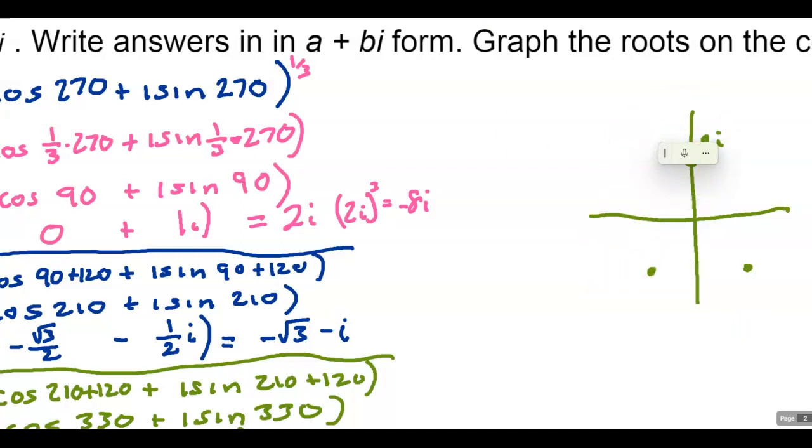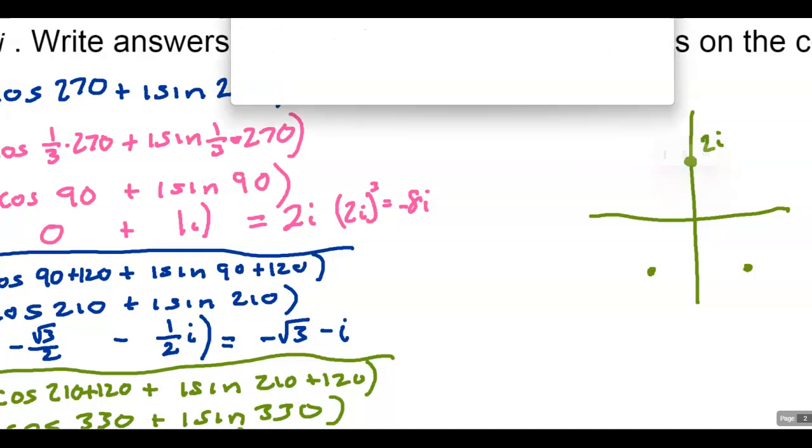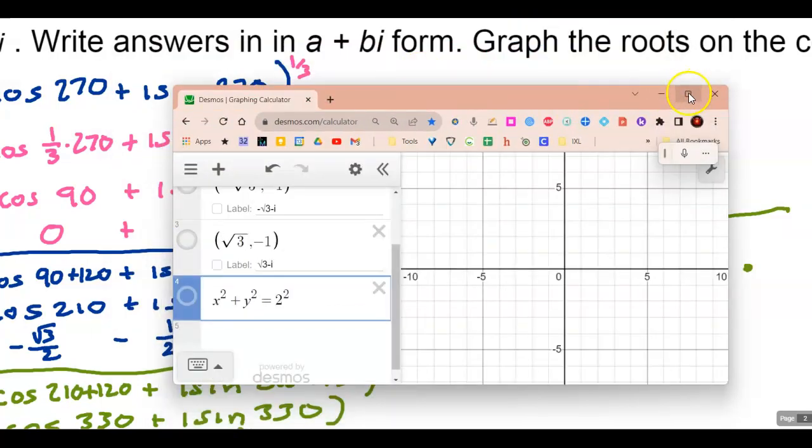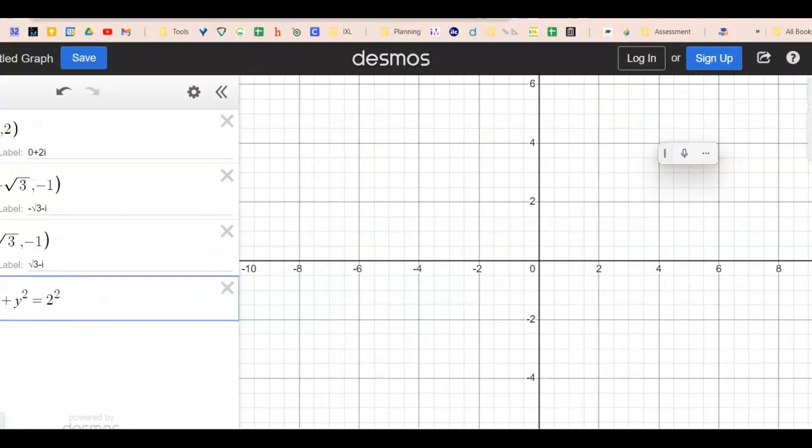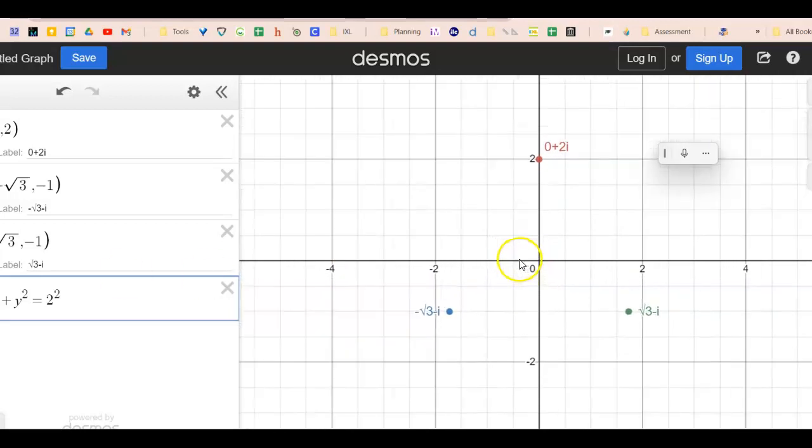And I made this on decimals as well, just to show, if you do this perfectly, what does it look like? Okay, so this would be our first solution, second solution, our third solution. Okay.